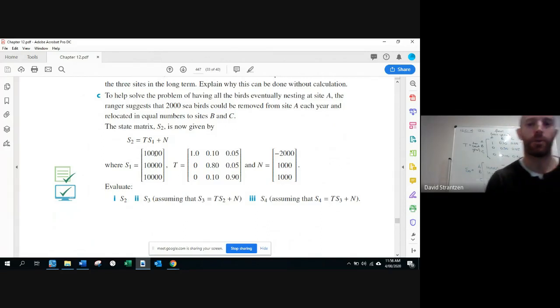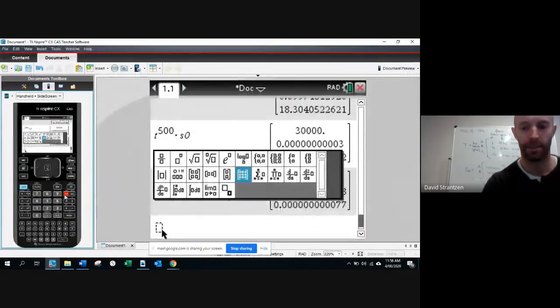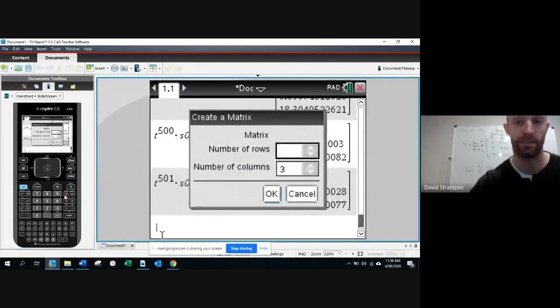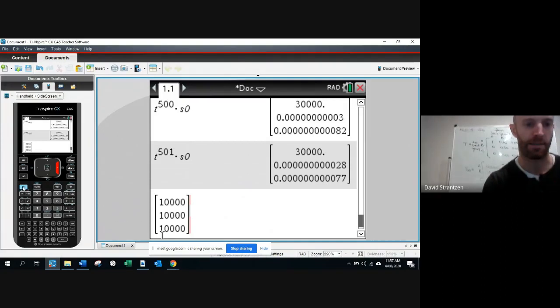Okay, so if we want to evaluate these transitions, then S1 is 10,000, 10,000, 10,000. So I'm going to store that as S1 this time. All right, just got to be a little bit careful that that's now called S1. So it is still a 3 by 1 matrix. And I'm going to store this as S1.